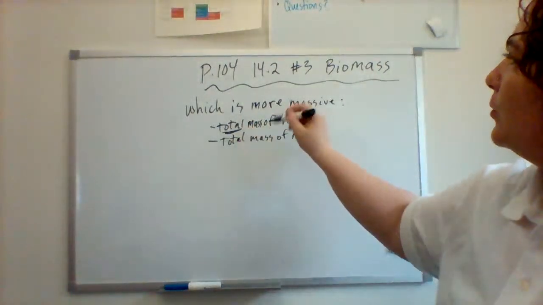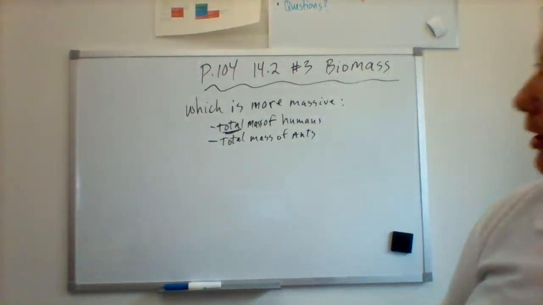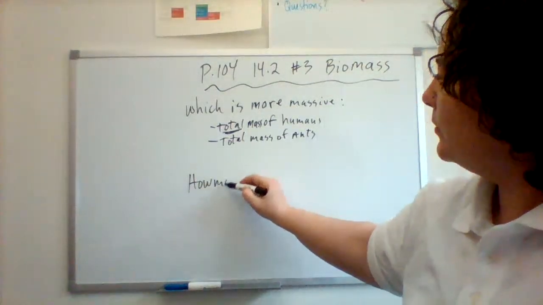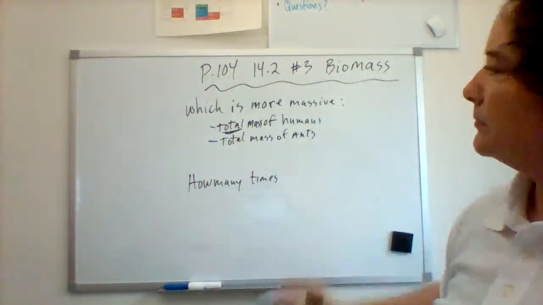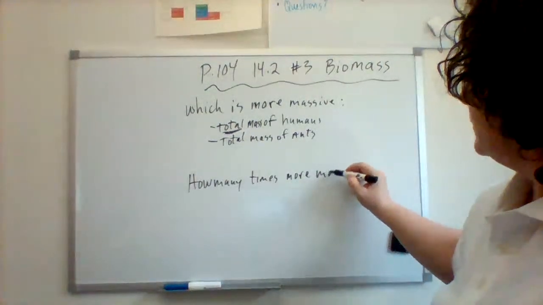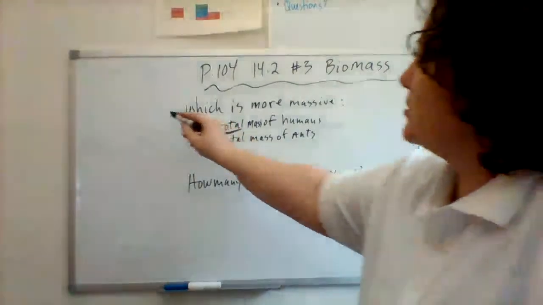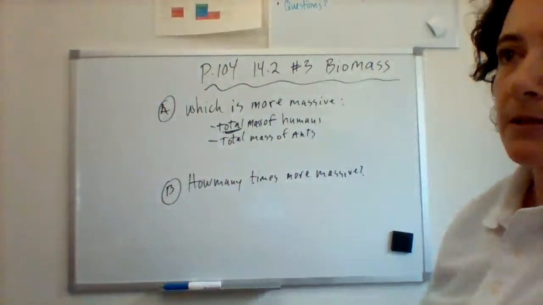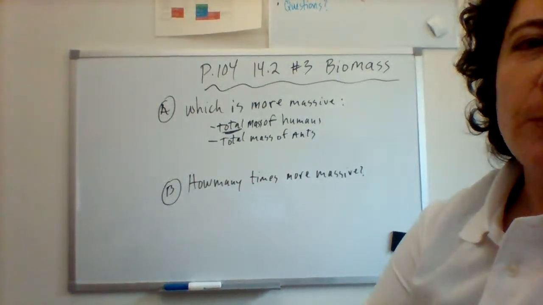Okay, so first of all, which is more massive? You have to pick one. Once you pick one, then you have to say how many times more massive or larger. Okay, so 2 questions. So I'll call it part A and I'll call it part B. Okay, it's not detailed like that in the problem, but that'll help us stay focused.